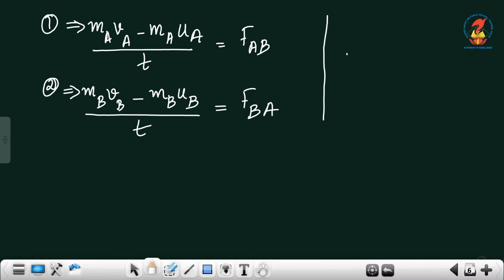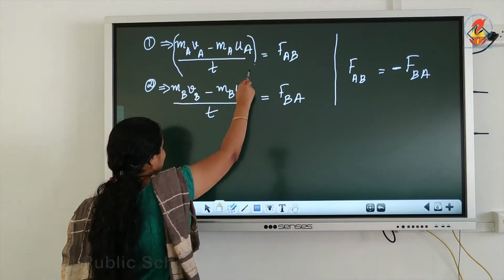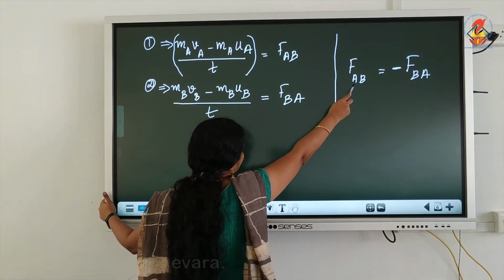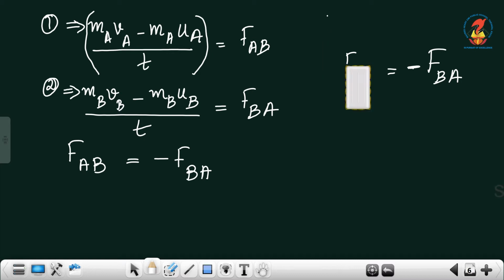Now according to Newton's third law, both the forces are equal but in opposite direction. So FAB and FBA are equal but they are opposite. So instead of FAB, let us substitute its equation. According to Newton's third law, FAB is equal to minus FBA.